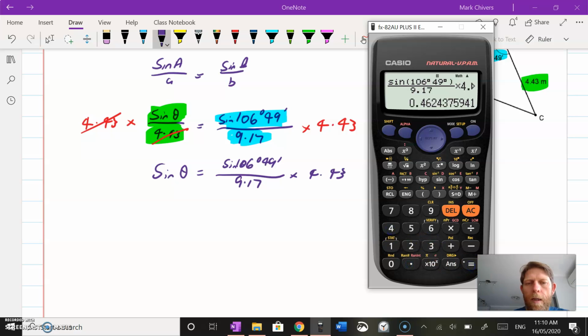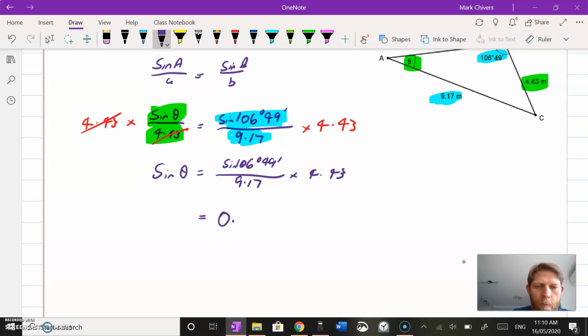At this point, I'll be encouraging you to write down the first few digits onto your page: 0.4624, and then I leave myself a few dots. That's to tell the reader that I know there's more there on the calculator. I'm just giving a basic summary of what's there. I'm not rounding; it's not the end.